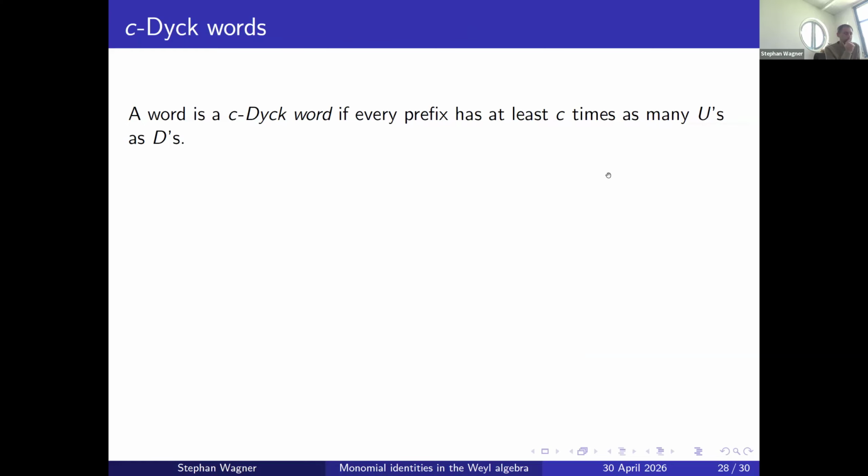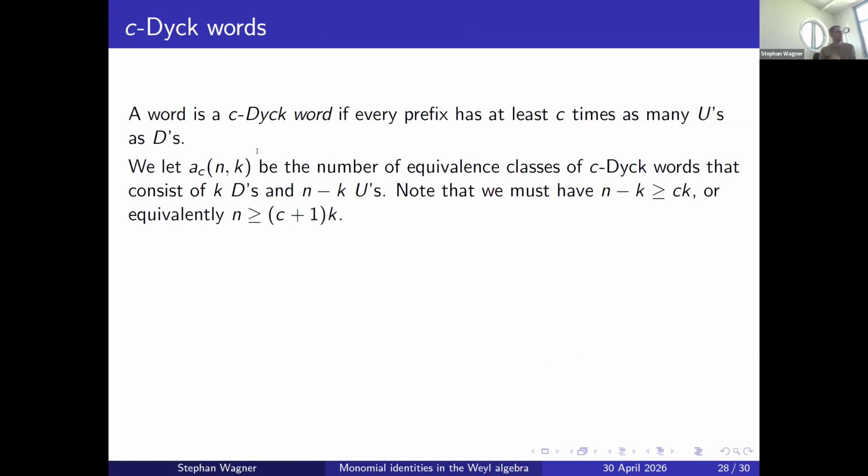If you know Dyck paths, those are paths that have to stay above the x-axis. So every prefix has to contain at least as many ups as downs. And this is a slight generalization where you take an arbitrary constant C and you need at least C times as many U's as D's in every prefix.